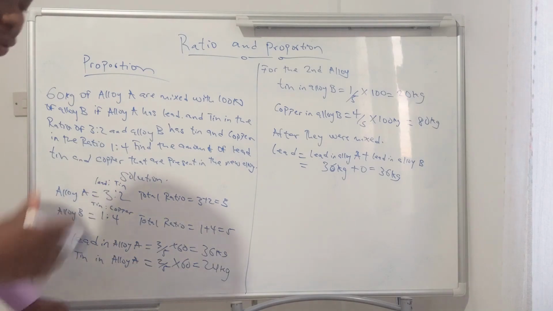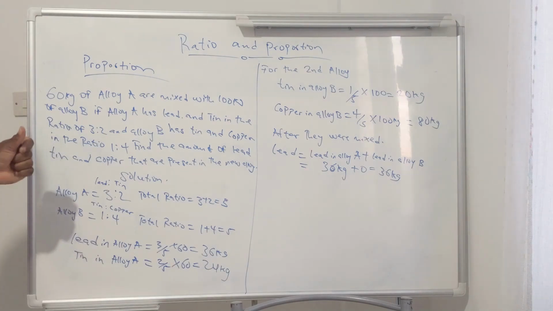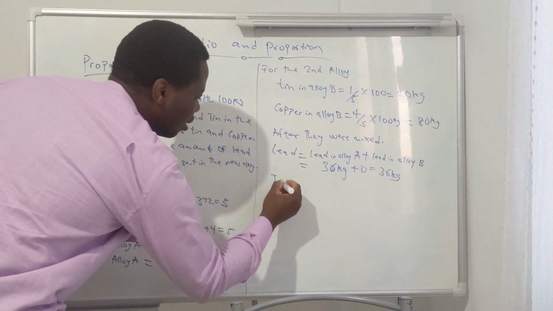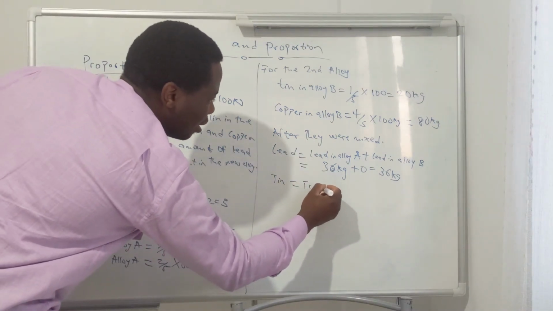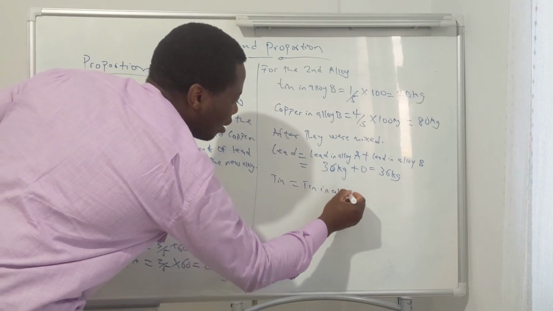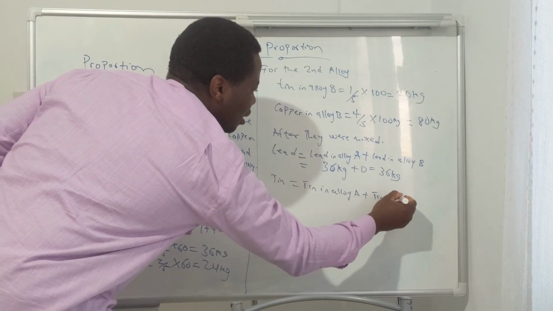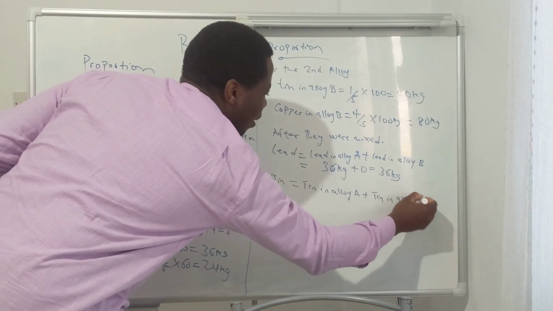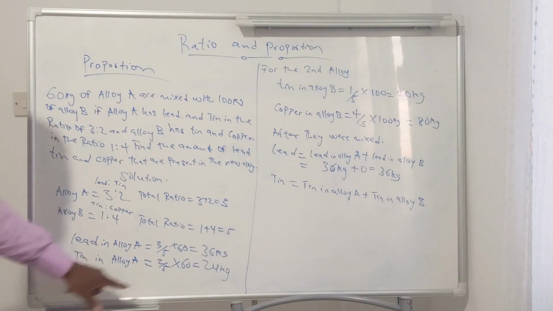So what's the amount of tin in the mixture? The amount of tin in the mixture, similar to this, is tin in alloy A plus tin in alloy B. Now, what's the amount of tin in alloy A? 24 kg.